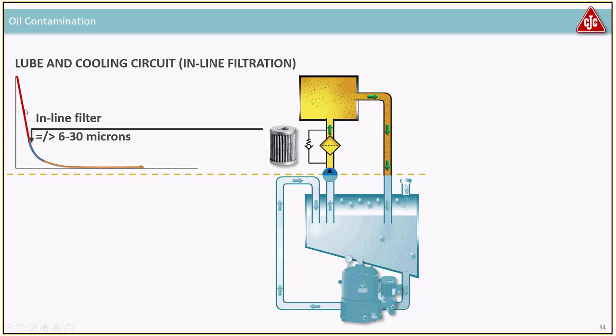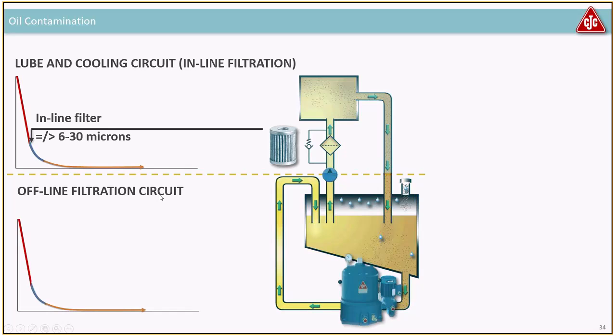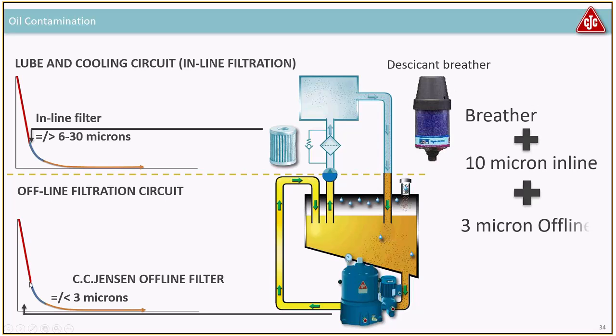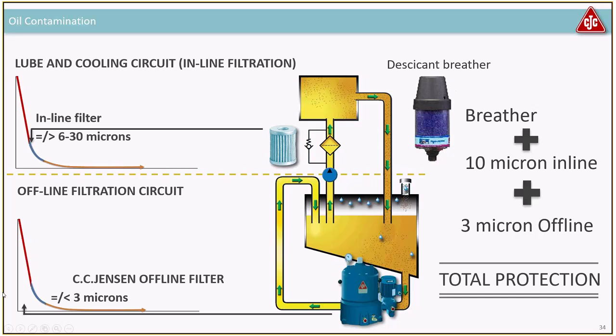If your inline filter is something like 6 to 30 micron, you're taking the bigger particles, but you're still leaving a lot of the small ones. So your offline filter could be taking care of 3 micron or smaller, so you're taking much more of the whole curve of particles.